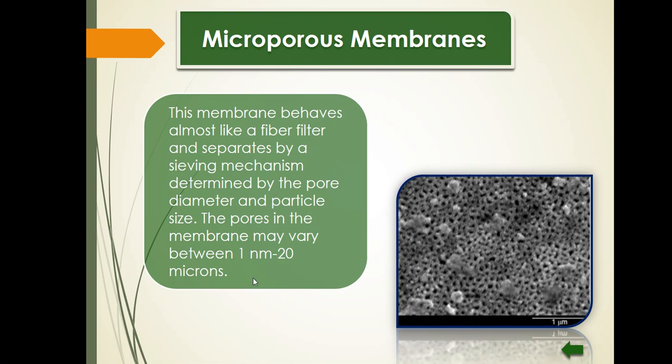That's in the case of a microporous membrane, more or less a glorified filter paper, if I may say. So it has small pores as small as 1 nanometer to 20 microns in size, so very small to control the passage of small particles.